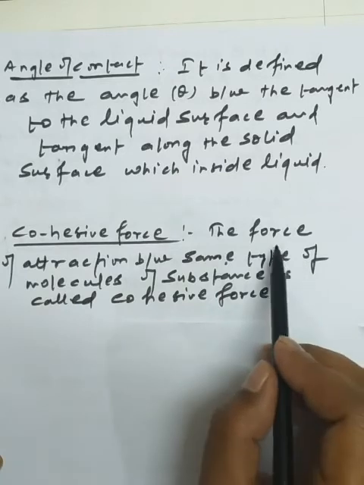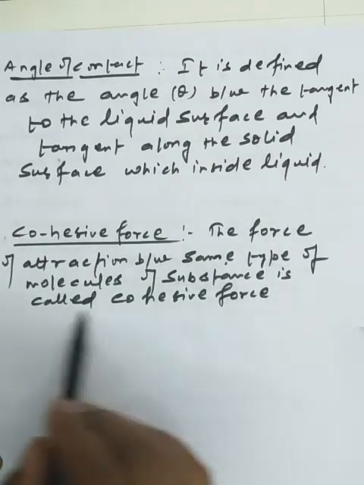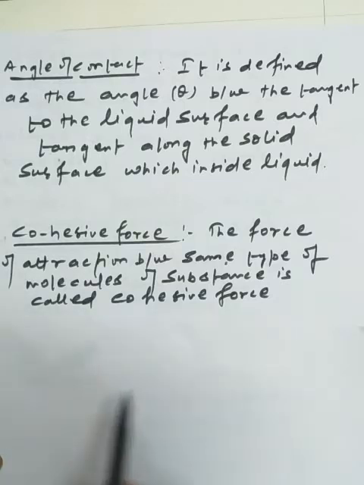Cohesive forces are the forces of attraction between the same type of molecules of a substance. When the relative strength of the cohesive forces is greater, the liquid has a strong tendency to minimize its contact surface area. One example is mercury, which doesn't mix with other surfaces. Okay, so it is always available in a spherical shape because of the magnitude of the cohesive forces.